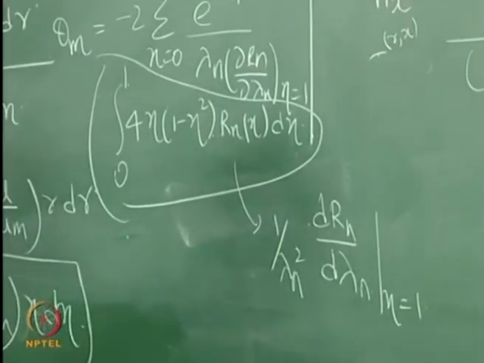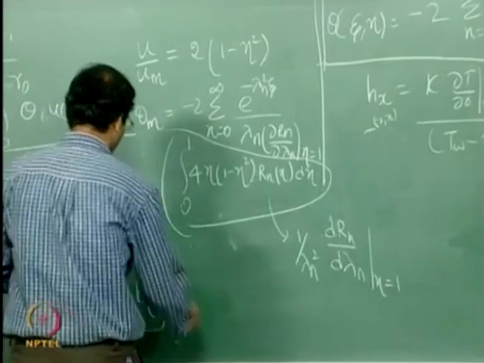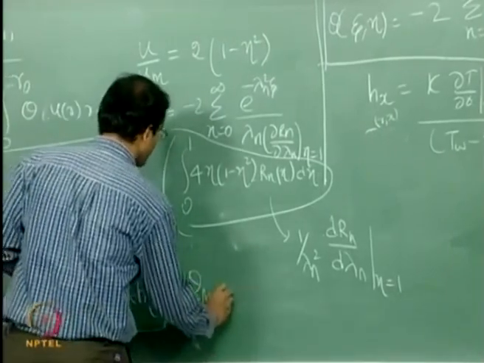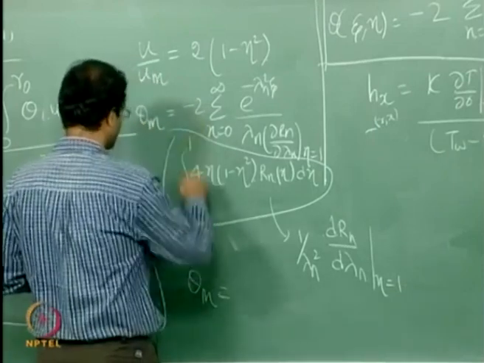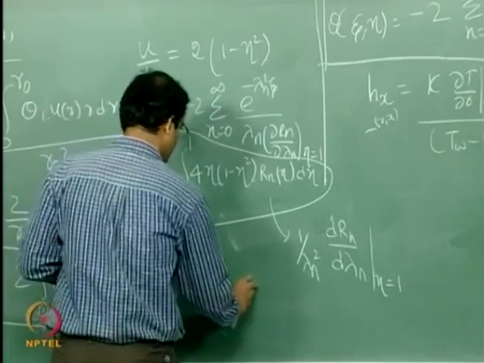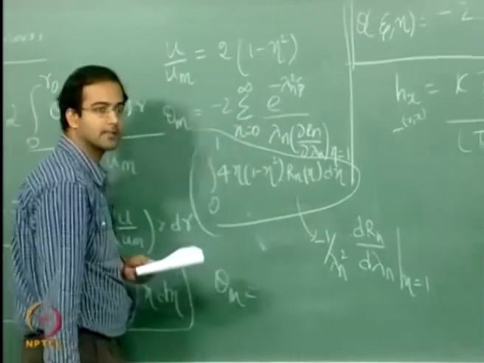Okay. So we will just substitute that, and my theta m now becomes 4 into 2, which becomes 8 here. There is a minus sign here, just take note of it.